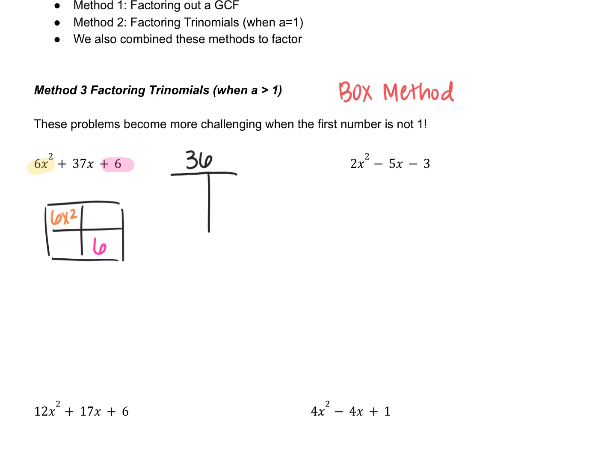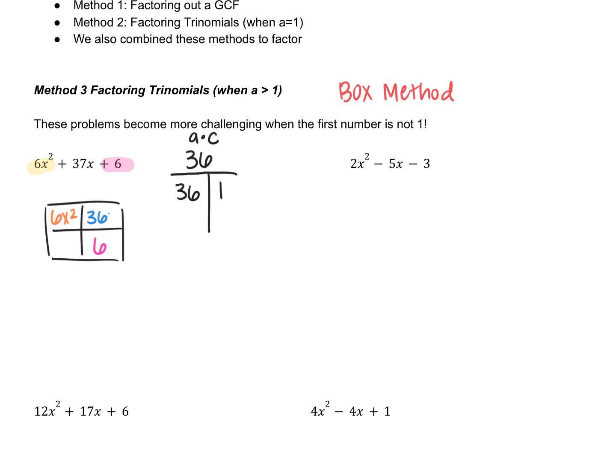So I'm actually looking for numbers that multiply to 36. You always have to do a times c when you are factoring trinomials when a is greater than 1. So I'm looking for the numbers that multiply to 36 and add to 37, which are going to be 36 and 1.